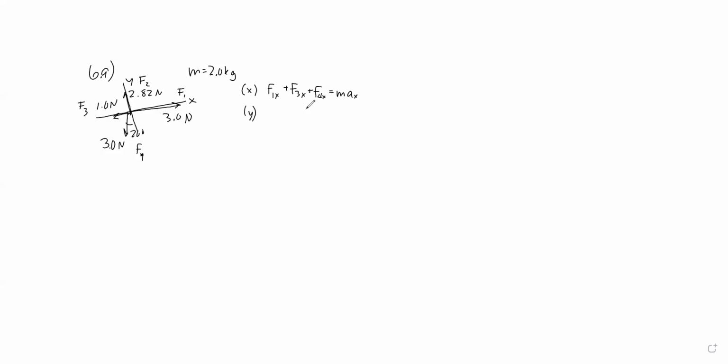Now we have F2y. So the 1 and 3 forces don't have components in the y direction. So it's F2y minus F4y. And that equals also m times a sub y.